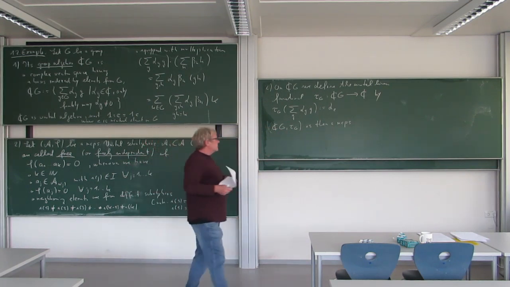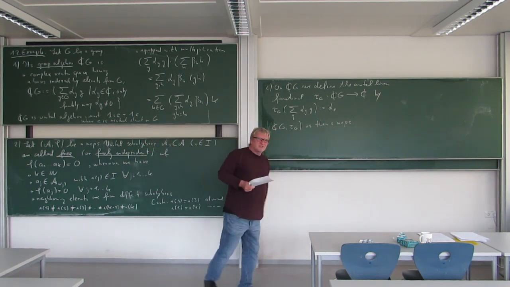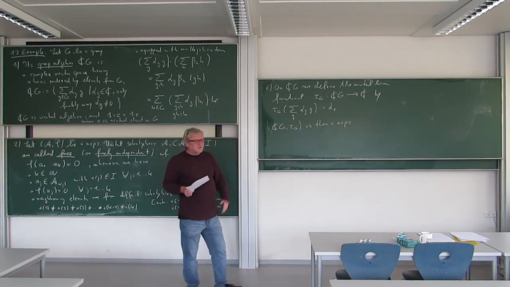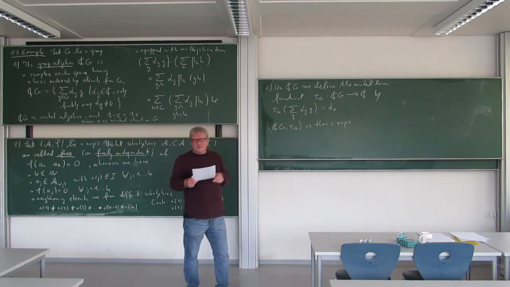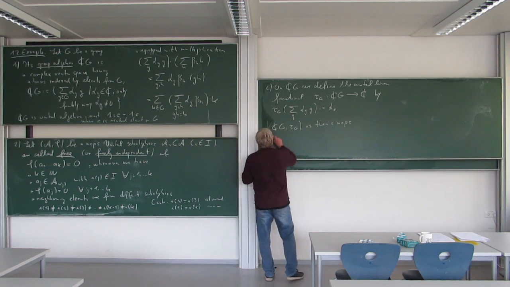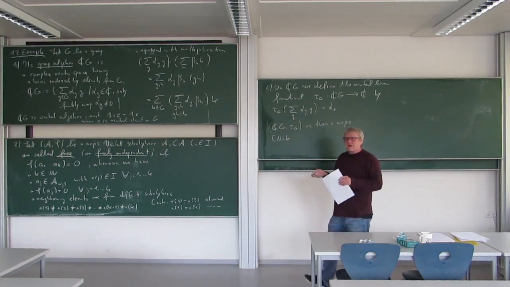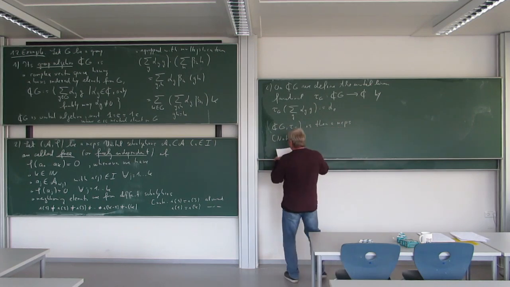Also, if you haven't seen a group algebra, maybe you have seen convolutions on groups, and this is more or less the same. The group algebra is more or less given by functions.